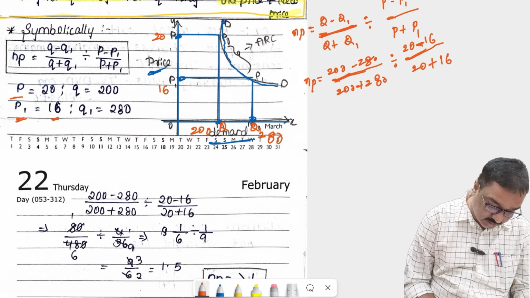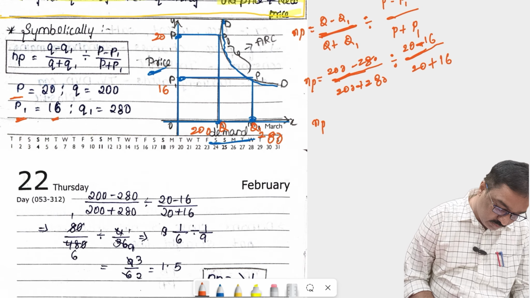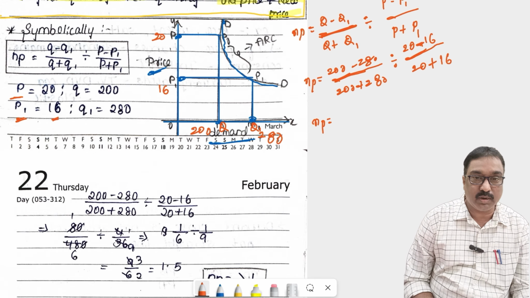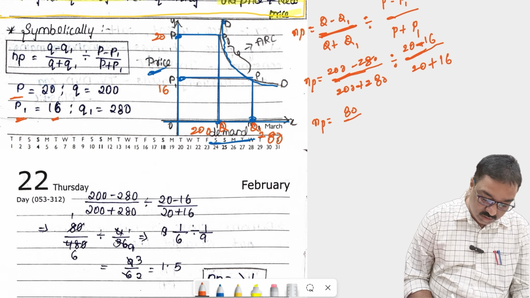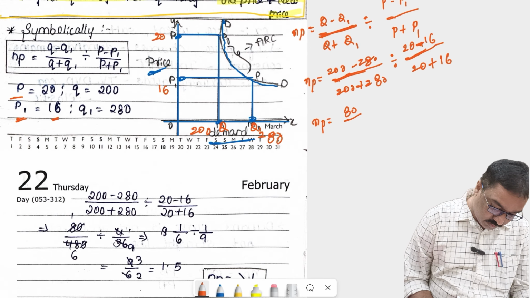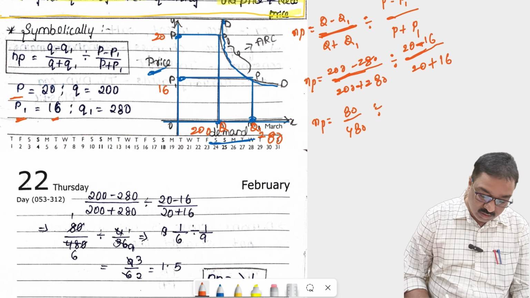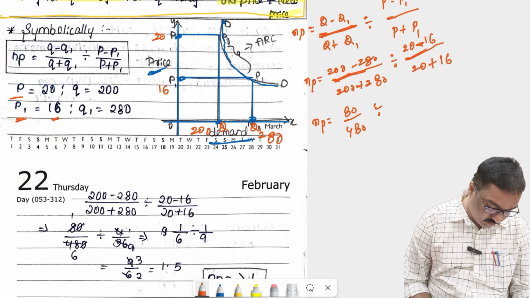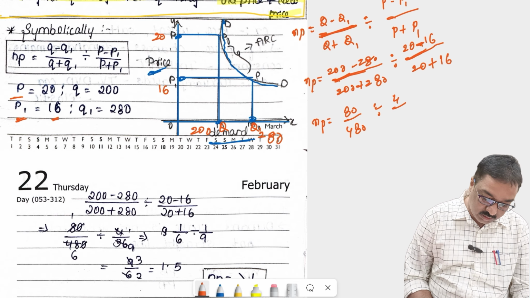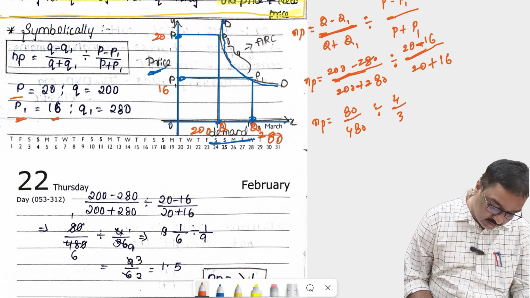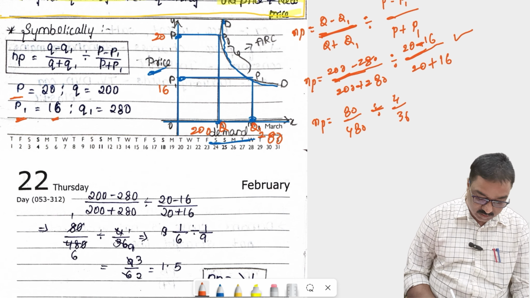So here Ep is equal to 200 minus 280, which is 80, divided by 200 plus 280, which is 480, divided by 20 minus 16, which is 4, divided by 20 plus 16, which is 36. Okay, so this is the one method.